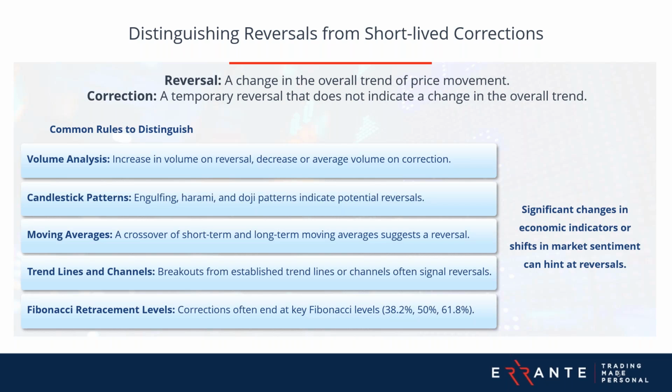The Fibonacci retracement tool is a favorite among traders for identifying potential endpoints of corrections within a larger trend. Corrections often terminate around the key Fibonacci levels, so it's very important to consider levels like 38.2%, 50%, or 61.8%.